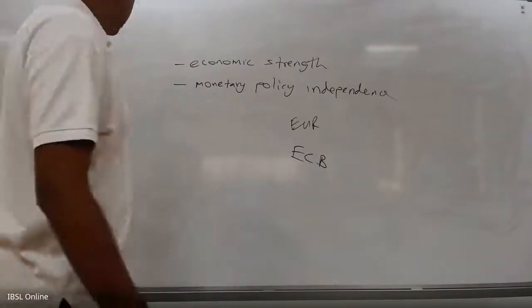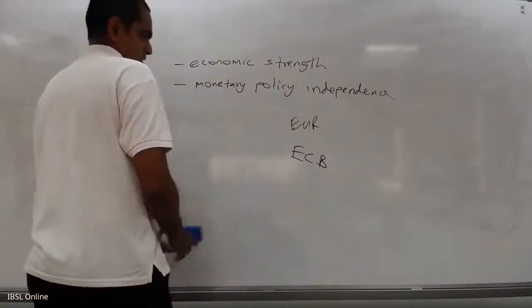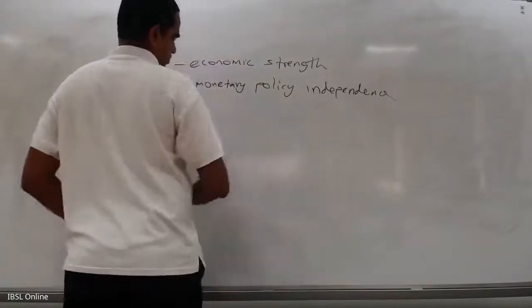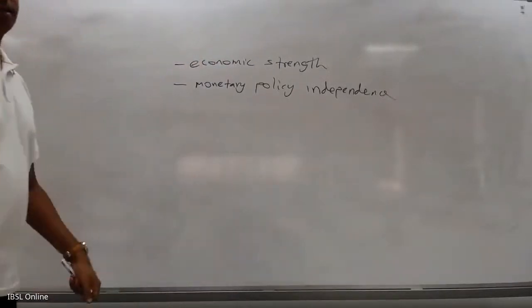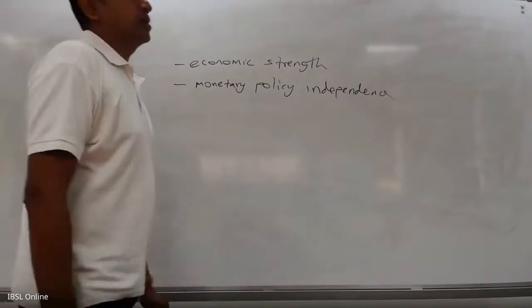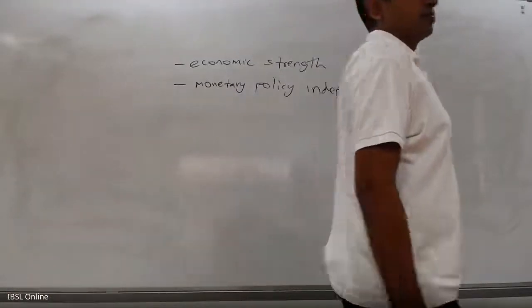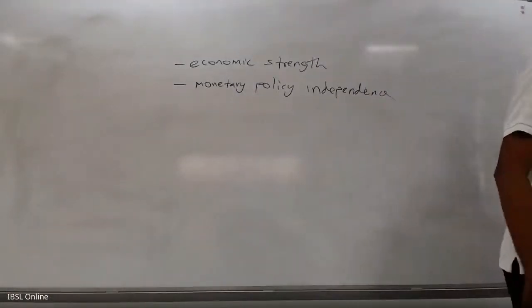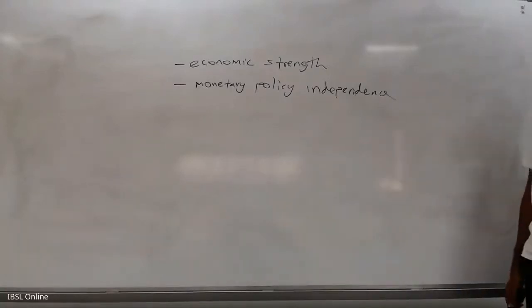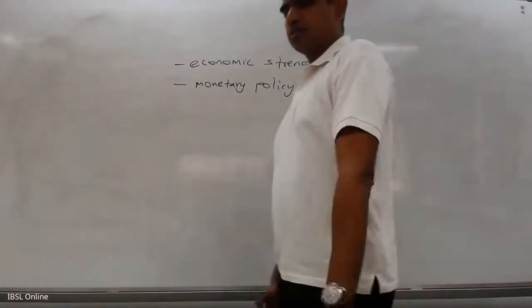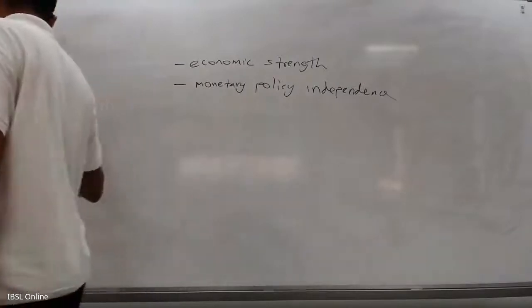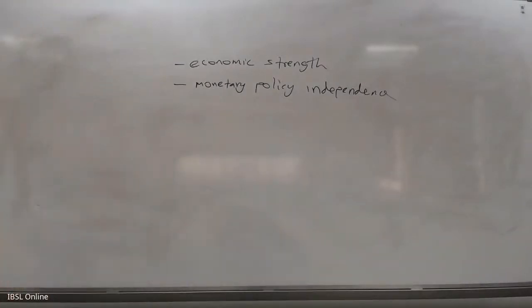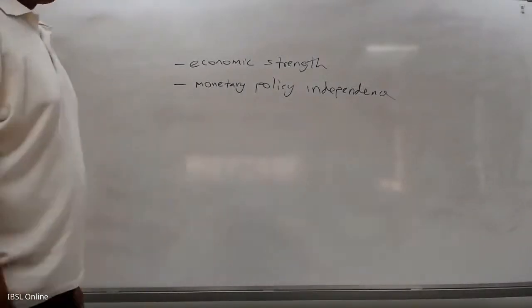That's why they defaulted. Then Argentina defaulted on some of their debt. That was also for a similar reason. They can't print money. Printing money means you increase money supply, you bring down interest rates and all that. That independence will be lost if you use a common currency.